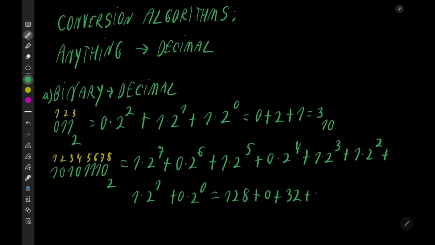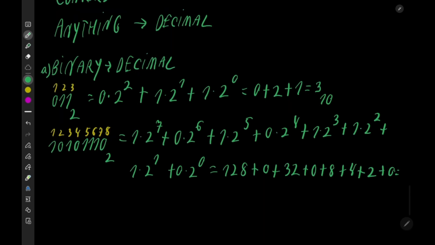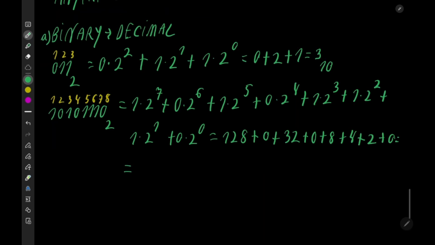Plus 0. 2 to the power of 3 is 8, 1 times 8 is 8. 2 to the power of 2 is 4, 1 times 4 is 4. 1 times 2 to the power of 1 is 2. And 0 times 2 to the power of 0 is 0. When we sum them all together, this is equal to 174. And this is the decimal equivalent of this binary number.